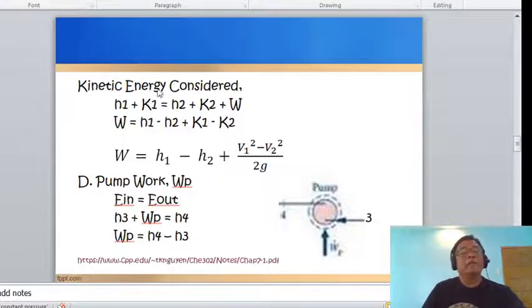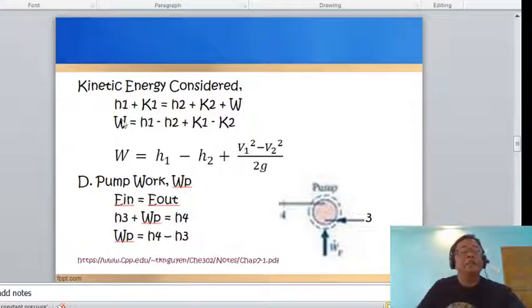So, getting now the work if the kinetic energy is given, that is the difference between the enthalpy at 1 and 2 plus the kinetic energy, 1/2 mv squared. Take note that this g is a constant of proportionality, not the gravitational acceleration.